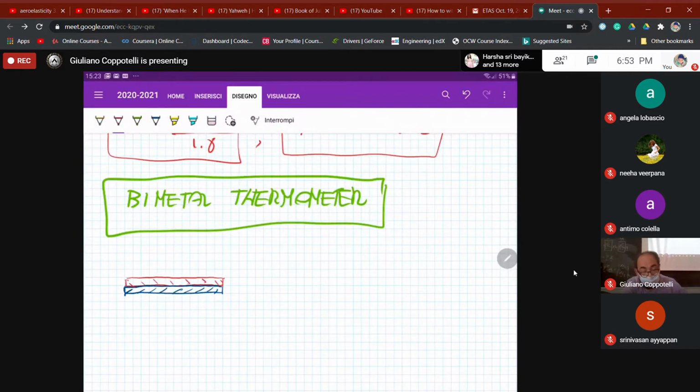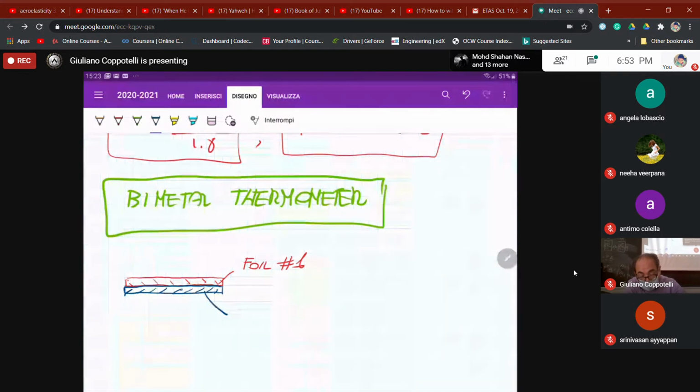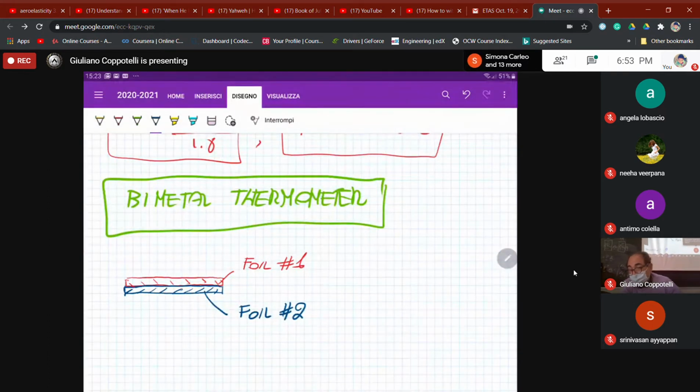Okay, so what we got is that is foil number 1, for example, that is foil number 2. Generally, thickness T1 and T2 could be whatever.